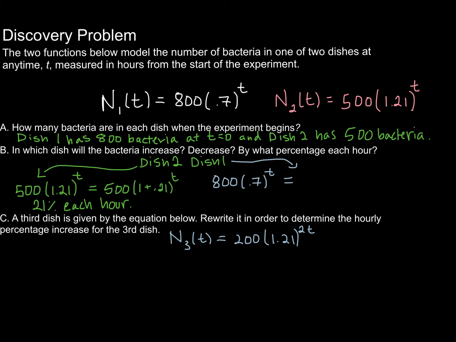Hopefully you found this actually to be a little bit more intuitive maybe than the first dish that we looked at. Notice here that I'm multiplying by 0.7 each time t increases by 1. Well, when I multiply by 0.7, I am keeping 70%, or I'm left with 70% of what I multiplied it by. And if I am left with 70% of something, that means I lost, or the value decreased by 30%.